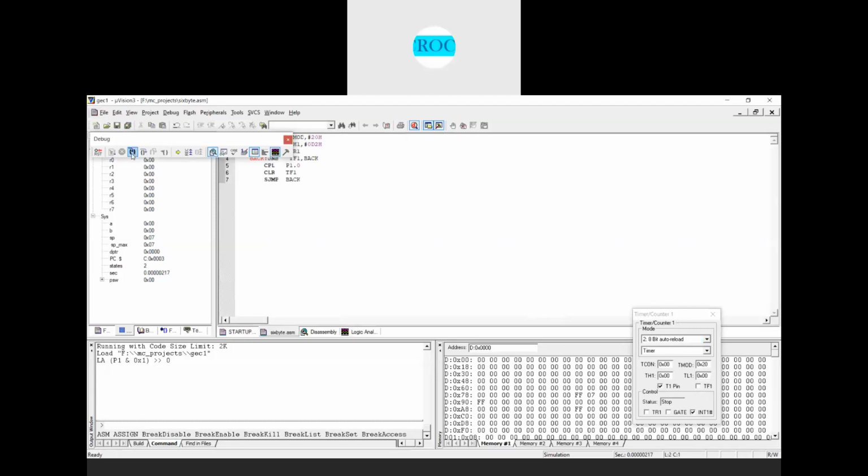Now as you keep on running this one, it is loaded with D2H. Now TL1 will keep on incrementing till it becomes FFH. Once the overflow flag is set, it will be reloaded with whatever value you have in the higher byte register. What you have in the higher byte register, D2, that value will be loaded into the lower byte register after reset.